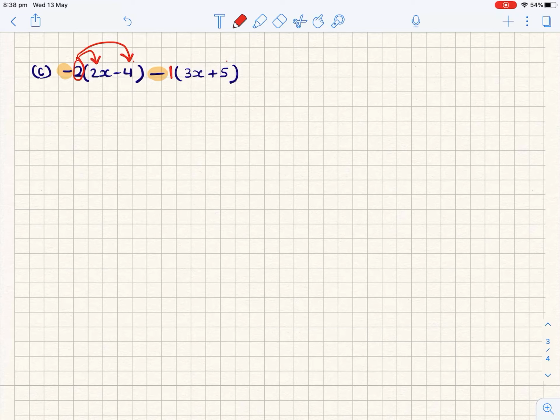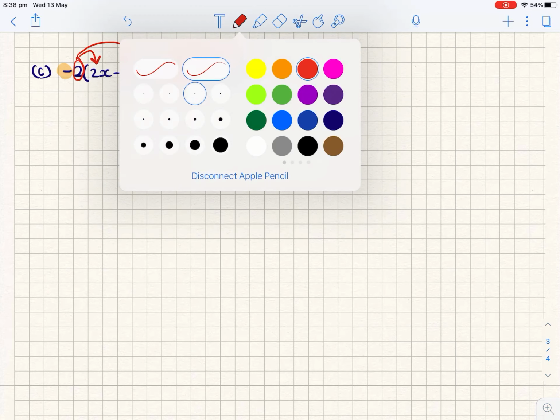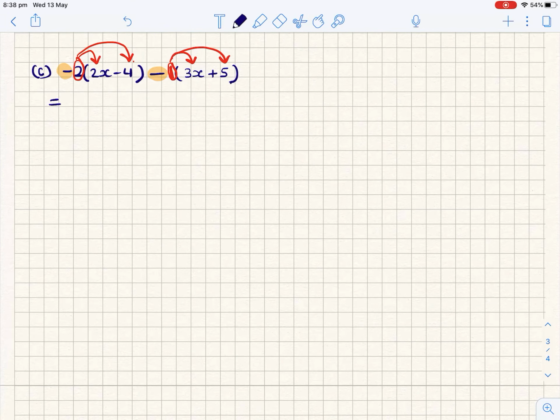If there is no number, you can write it as 1. Because we are multiplying with a negative term outside the bracket, the sign inside the bracket will change. So negative 2 times 2x, and that negative will become positive, 2 times 4. Now here we have 1 times 3x, but there is a negative sign. Then here the positive sign inside the bracket between 3x and 5 will change to negative.